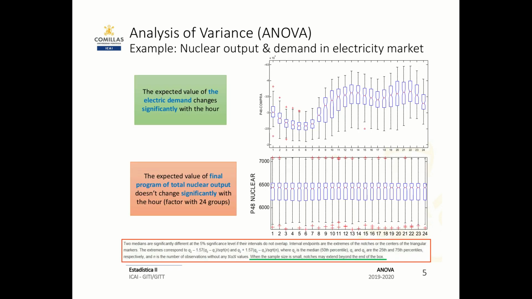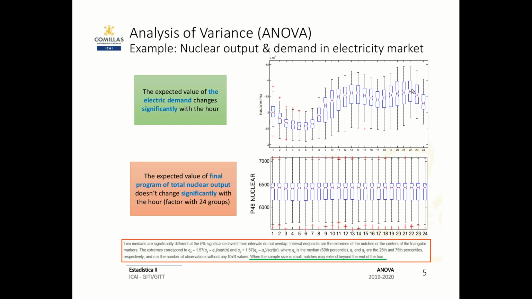Here is another example, in which we can see the expected value of the electricity generated by nuclear power plants, and we don't see any change over the time of the day. But if we look at the demand, there is a change. There are some valley hours like 5, 6 in the morning, and peak hours like 9, 10 in the evening.